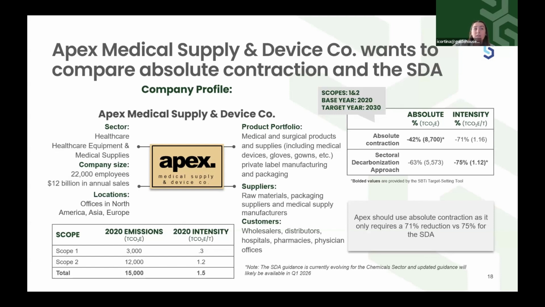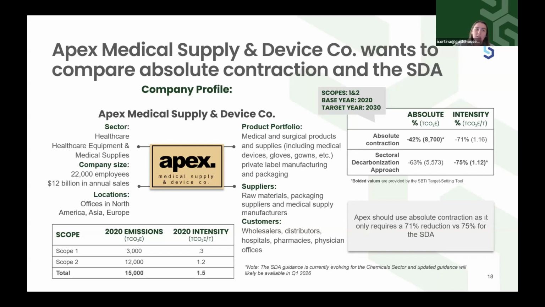They have 22,000 employees with $12 billion in annual revenue. They're mostly located in North America, Asia, and Europe. Their product portfolio really includes medical and surgical products and supplies with private label manufacturing and packaging.